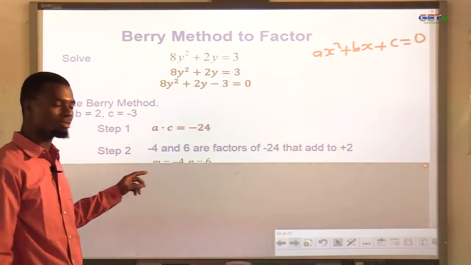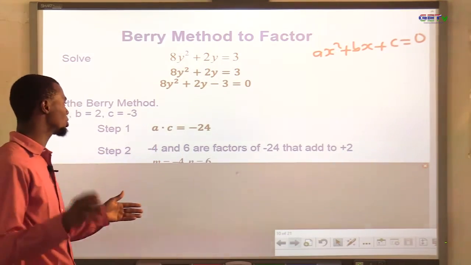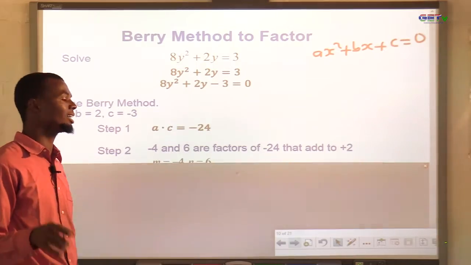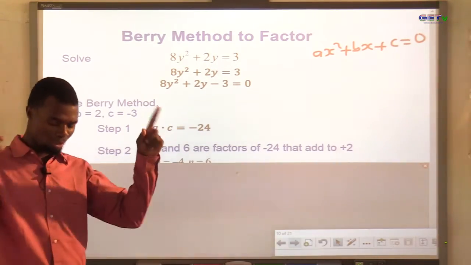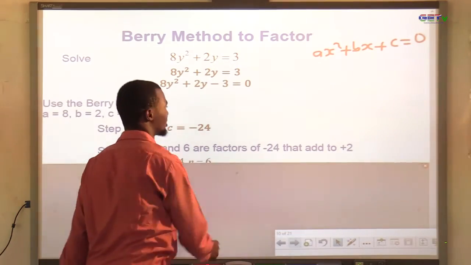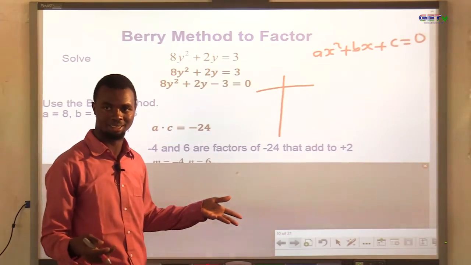Step 2: find the two numbers, M and N, whose product will be AC and whose sum will be B. The way we did it before in the previous slides, you can find it.